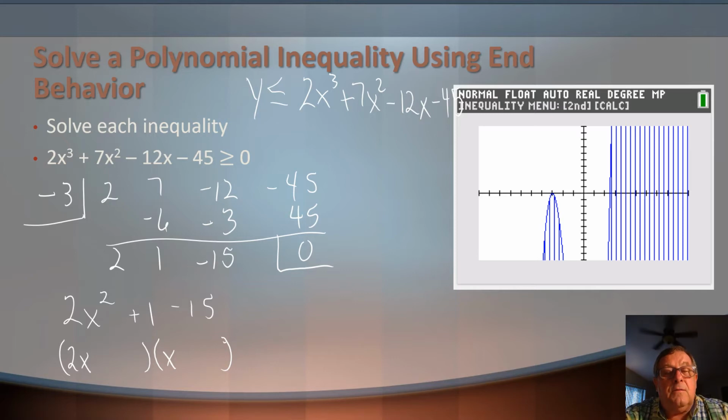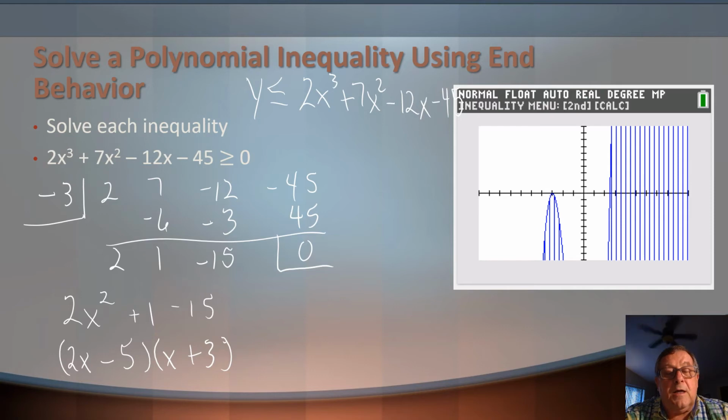Let's see. Well, 3 times 5 equals 15. Which should be positive and which should be negative? And I got this 2 out here.